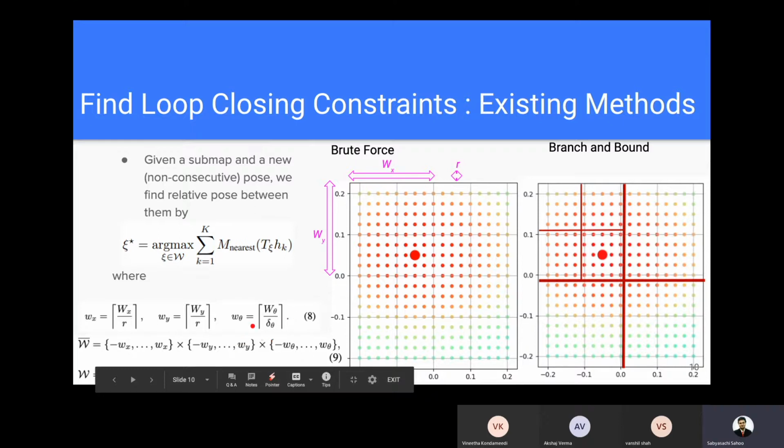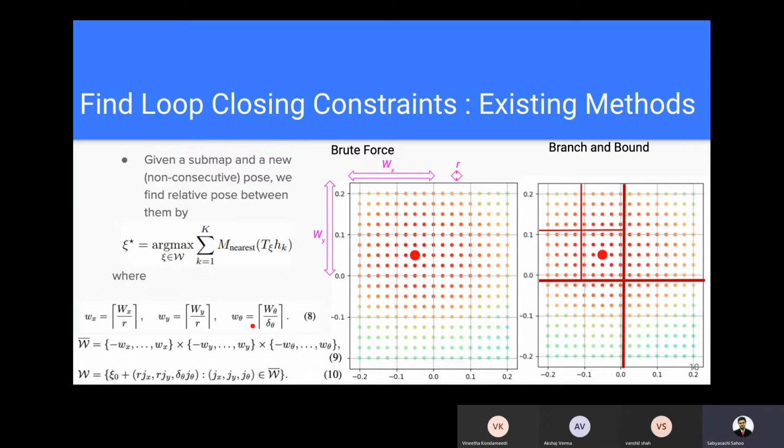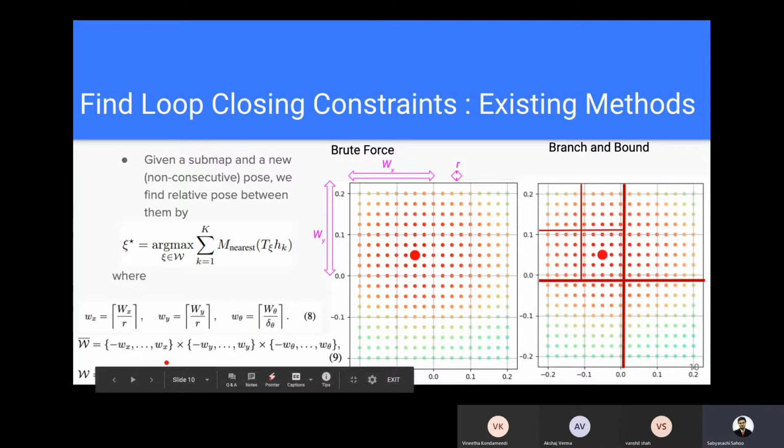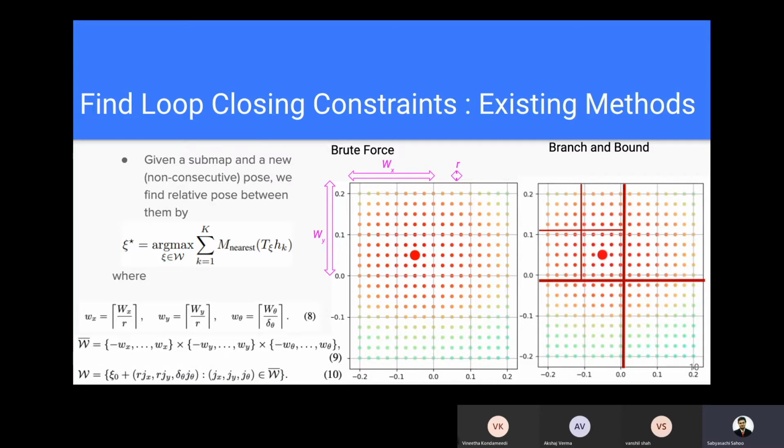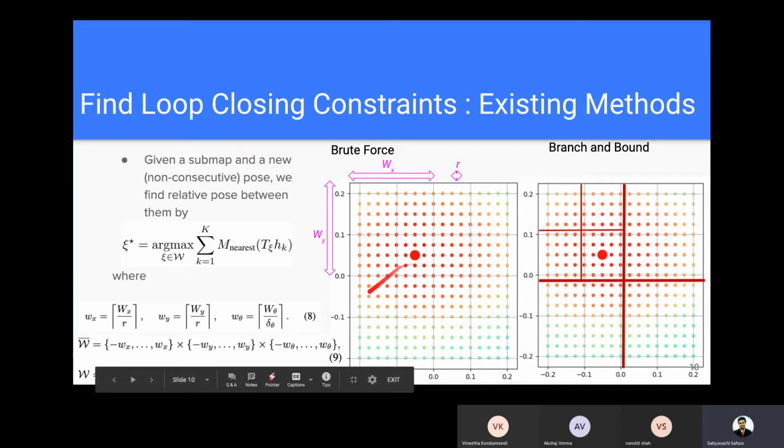And if you were to multiply your grid with R here, multiply with your step size, you would be evaluating at the exact point. So your Jx, Jy, J theta are nothing but different values that this can take.